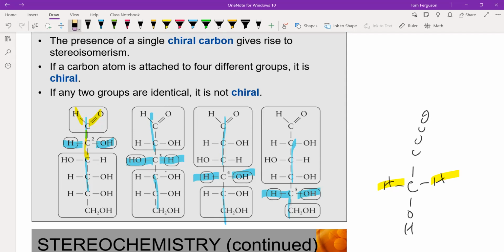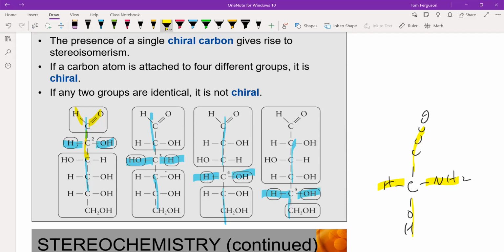Yeah, so if we, for example, made this guy over here, now everything's unique. So now it's chiral. So if it was on top and bottom H and H, that would be not unique because there's at least 2 of the same thing.